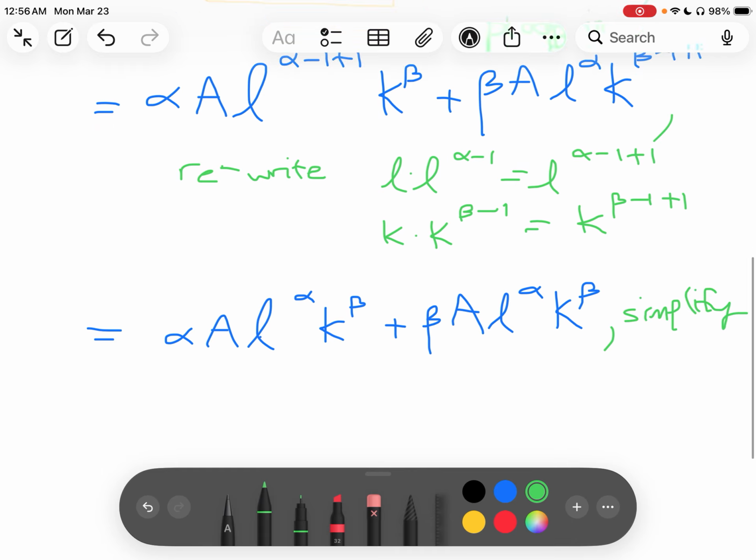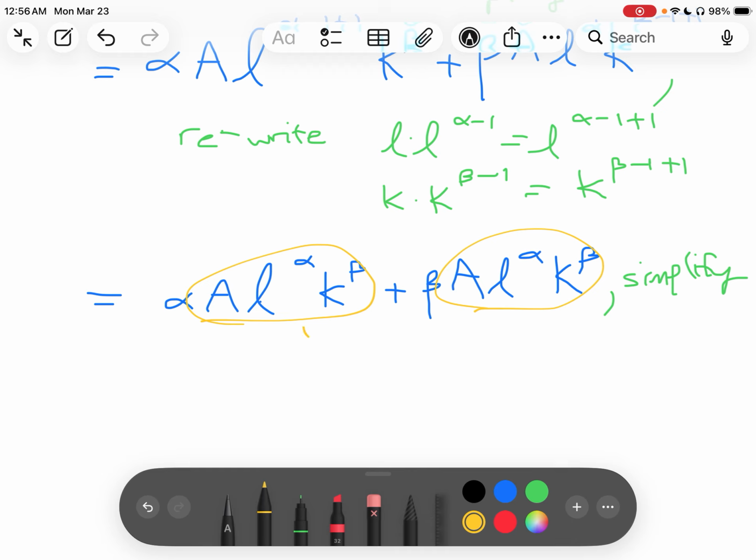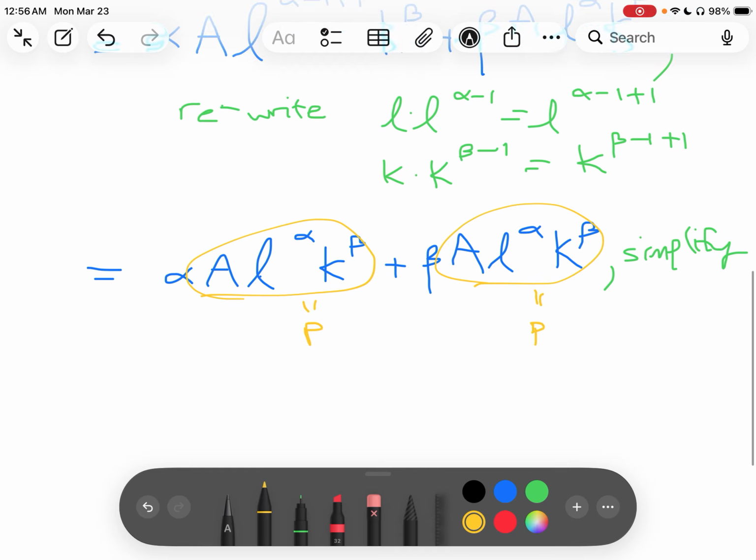Okay, and then notice that we have this and this. This is the same, right? Actually, we notice that this is equal to P. This is also equal to P. So we can substitute that in. So I'm going to write that this is equal to alpha P plus beta P, right?